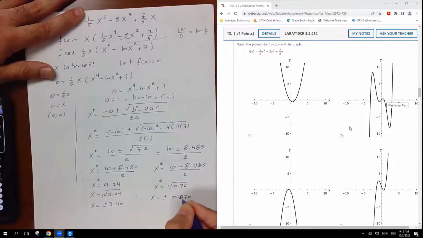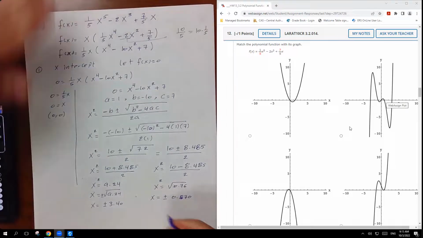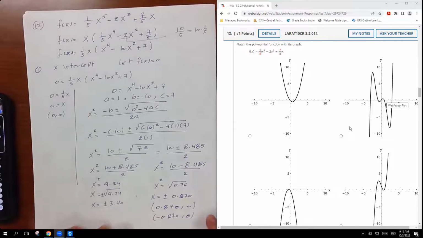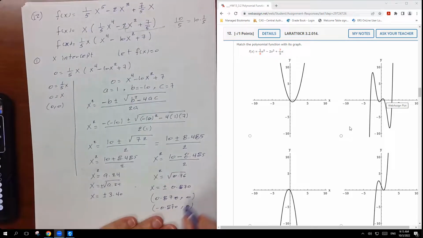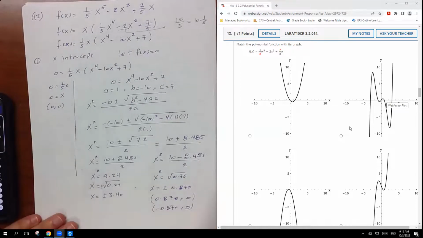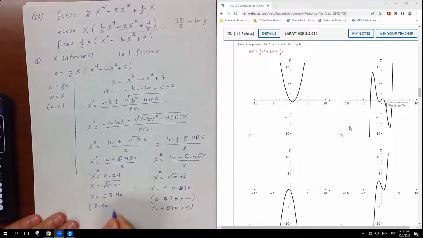That means again, I have from here the positive and I have the negative, and from this side I have also the positive and I have the negative.